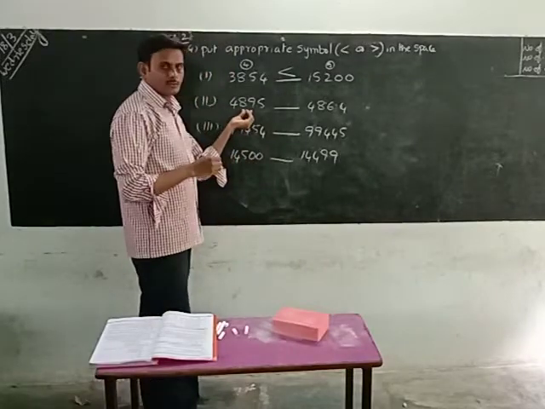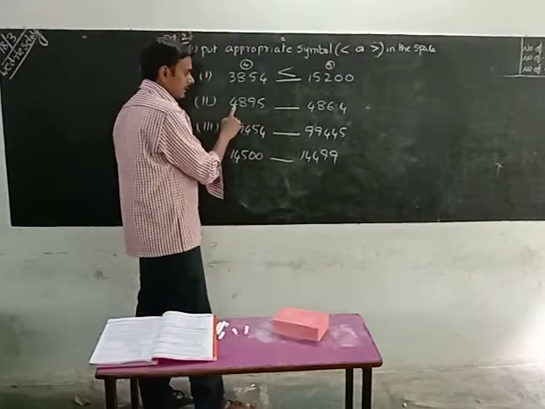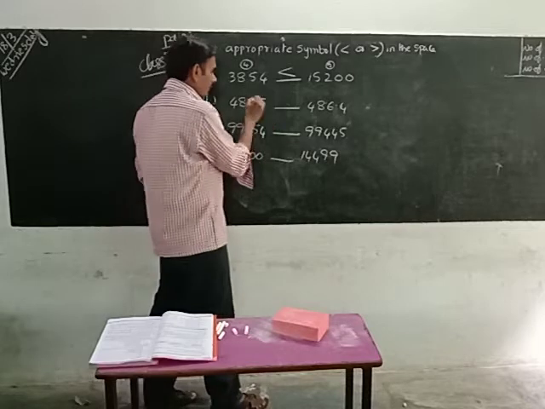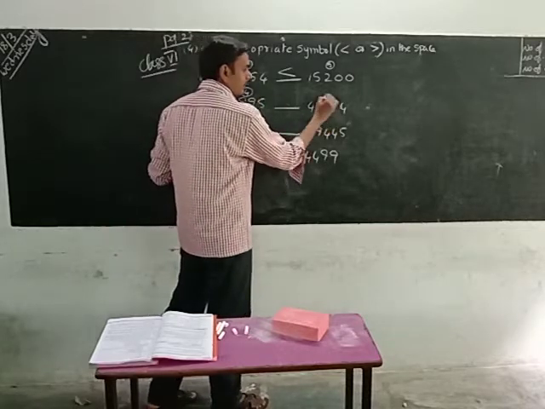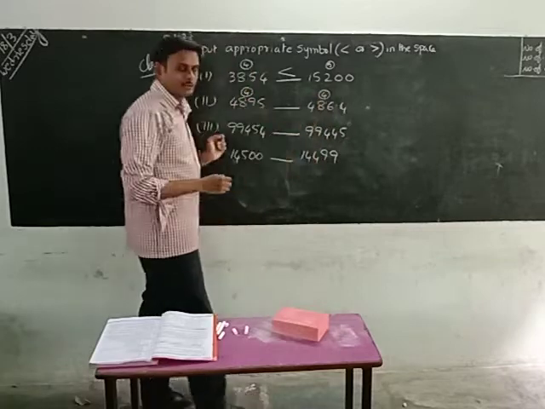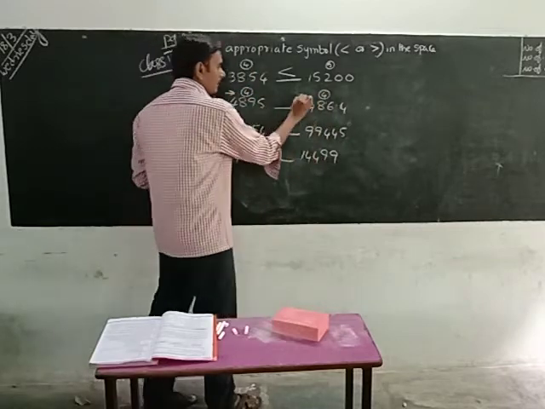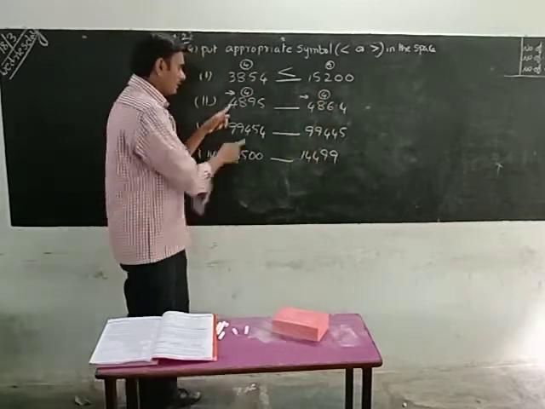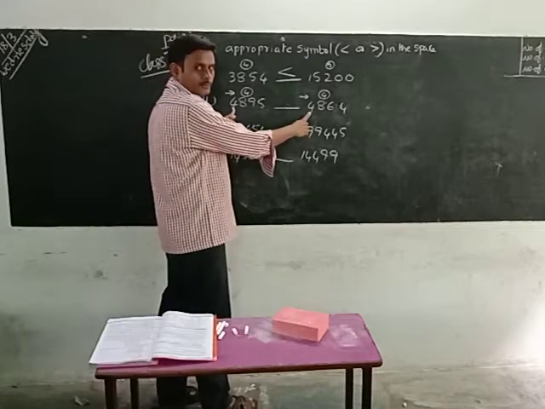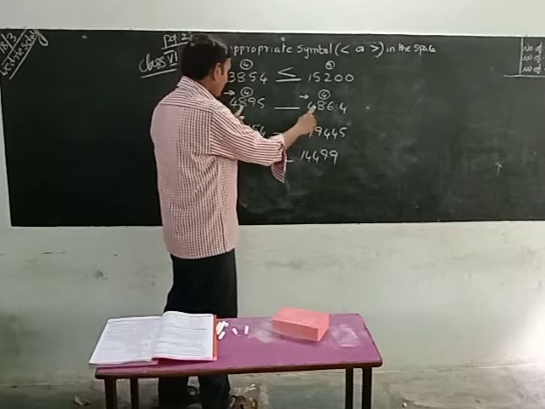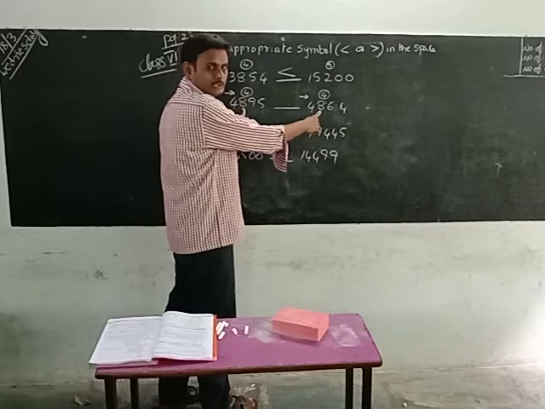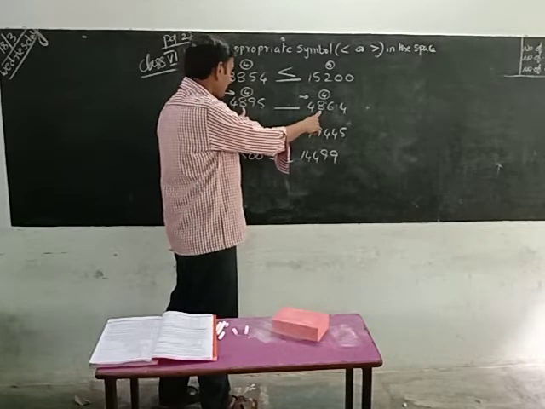Similarly, for this also we have to count. How many digits are here? 1, 2, 3, 4. 4 digits. Here also 1, 2, 3, 4. Whenever an equal number of digits is there, compare from the left side of the digits. What is the first digit here? 4, 4. Same, so go for the next digit. Next, 8, 8.